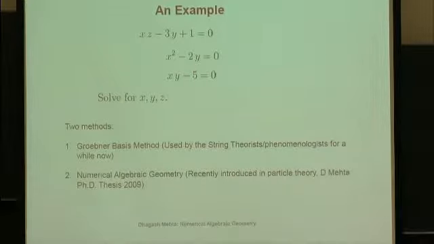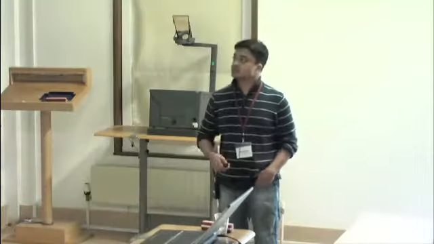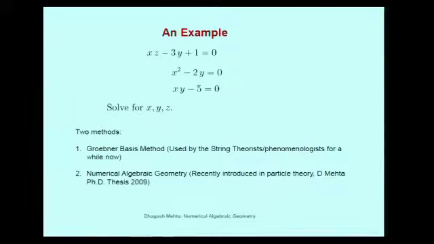Anyway, I always take a very silly example to explain my method. I want to solve this polynomial equation. It is very silly, you can solve it by hand obviously, but let's pretend that we can't. I would use two of the methods available on the market. Firstly, the Gröbner basis method, which is a symbolic method, and most of us have been using it for ages now. Even if you use the Mathematica Solve command, you would be using this unknowingly.